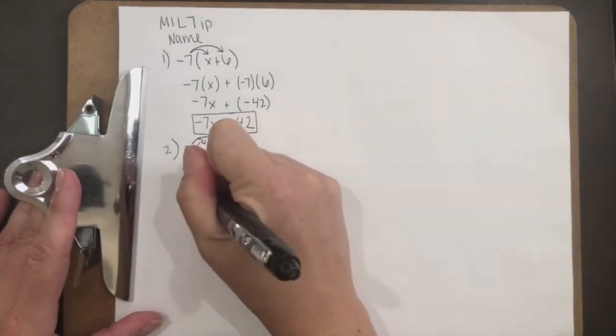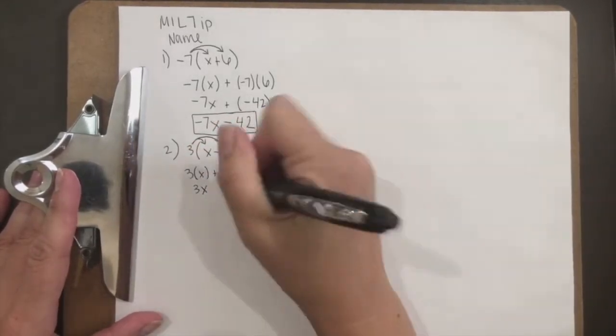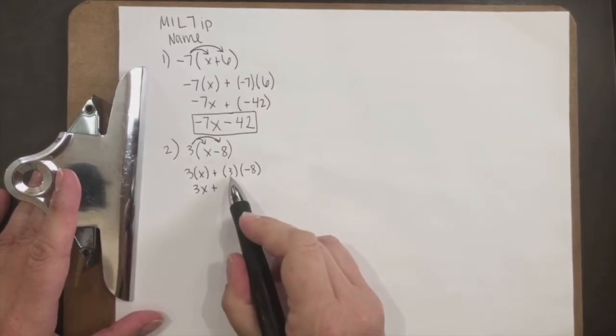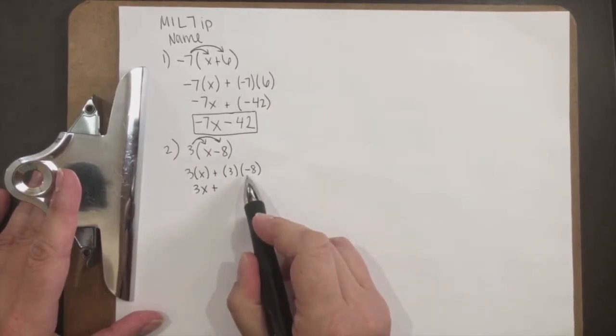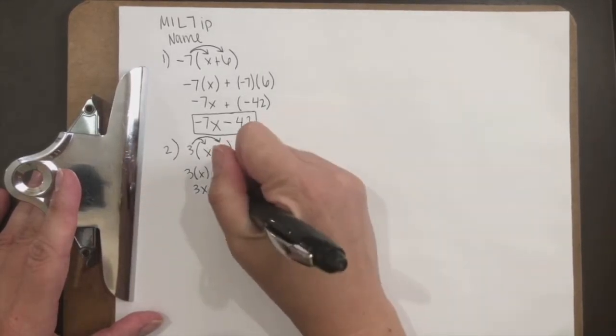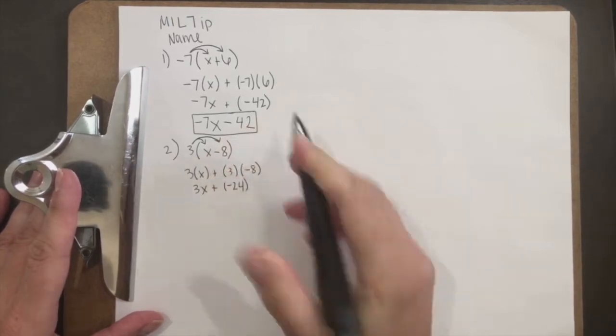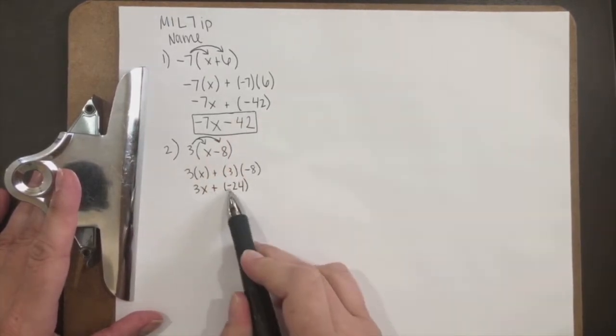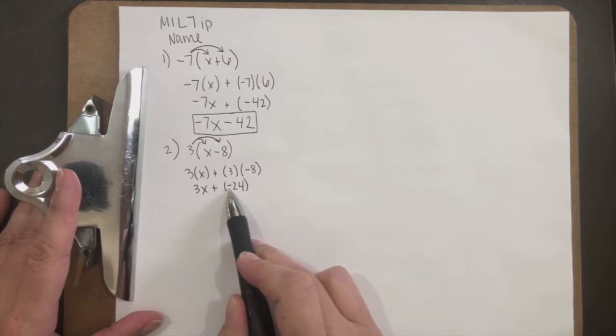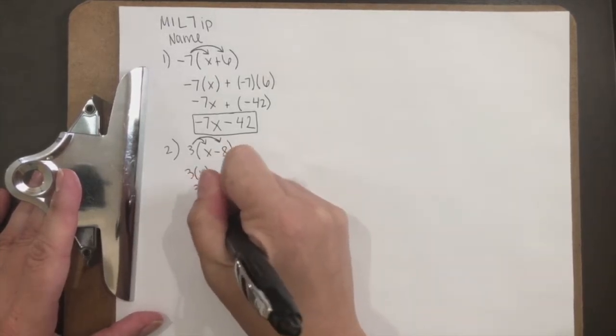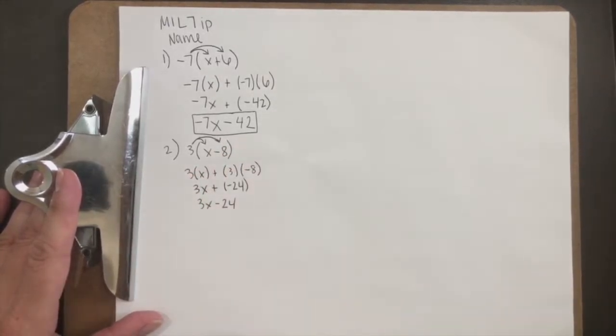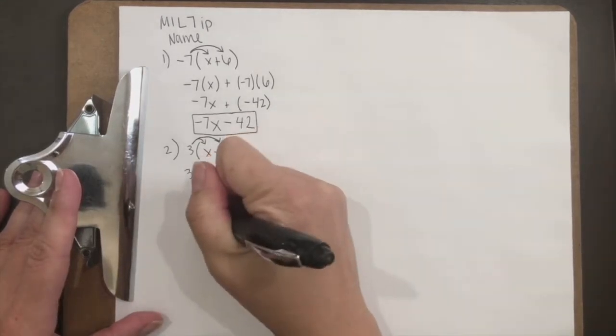So this we can simplify to just 3x plus 3 times -8 is -24. And just like on the last one, we can simplify this to be 3x minus 24. And then put a box around the answer.